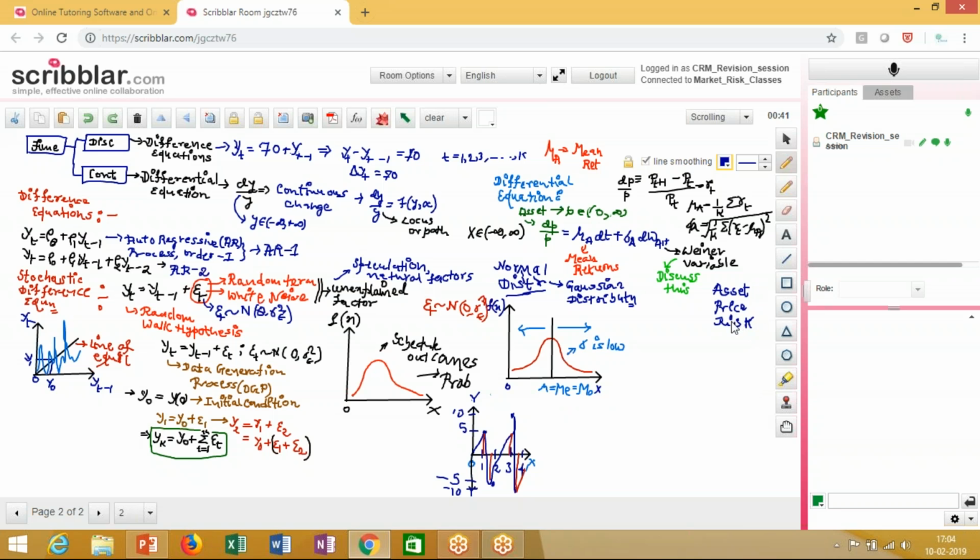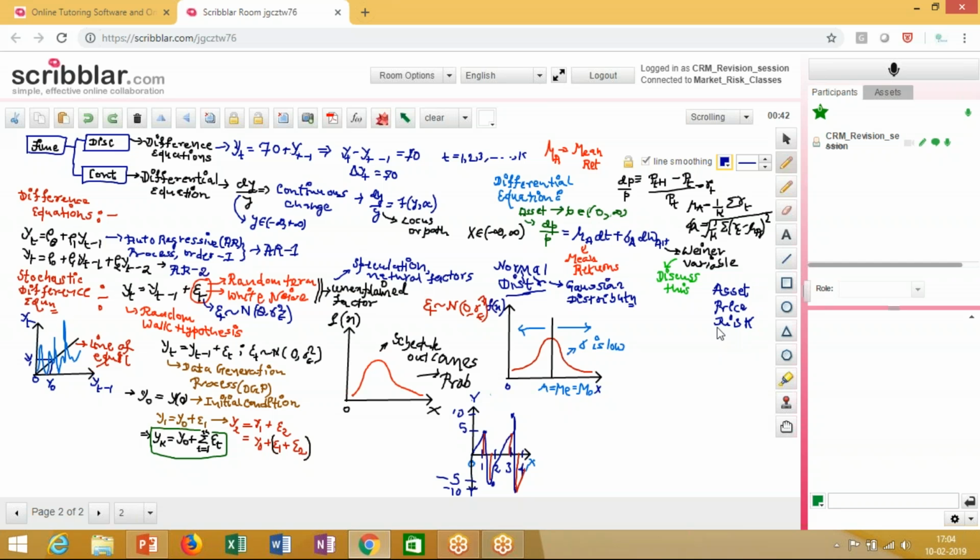So what is an asset price risk and how does this risk come about? We know that banks and financial institutions invest in multiple assets, which are traded in the stock exchange.